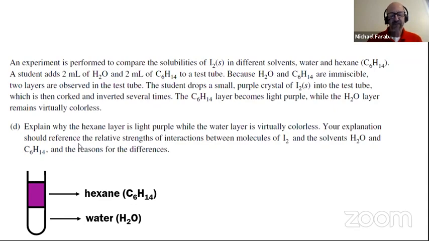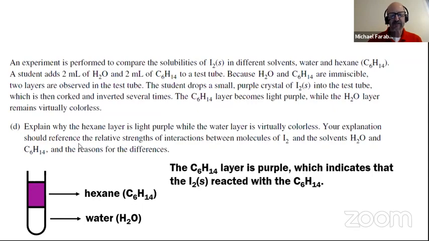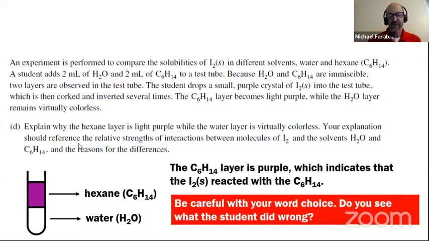So one student might have answered the following. The reason why the hexane layer is purple is because the iodine reacted with the hexane. Be careful with your word choice. There is a big difference between dissolved in, mixed with, interacted with, and reacted with. So interact and react are not the same thing.